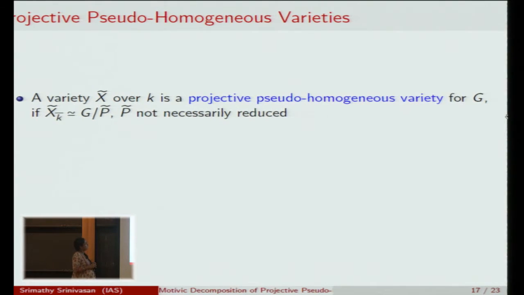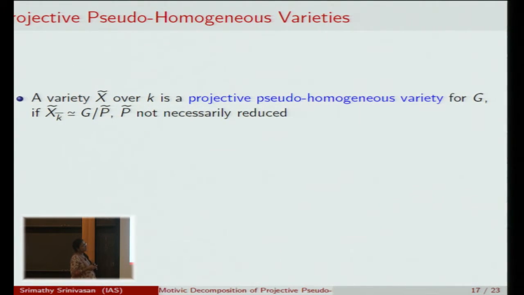So we know what flag varieties are. We know what projective homogeneous varieties are, and I said the VUFs are a generalization of flag varieties. Now, what about the twisted forms? Corresponding to projective homogeneous varieties, I can also define what are known as projective pseudo-homogeneous varieties.